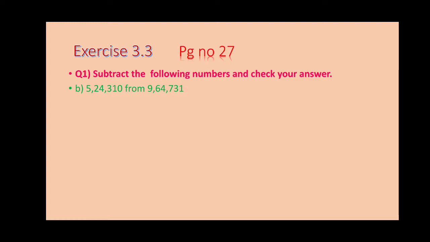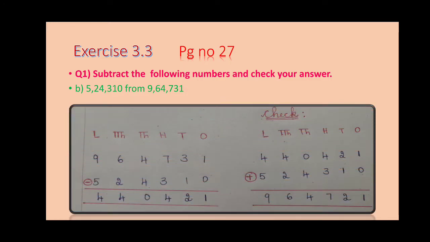Let us see first B bit. B bit is subtract 5,24,310 from 9,64,731. Okay, children, you have a confusion with from. Because 5,24,310 is given first, blindly when you are arranging in the column you will write 5,24,310 first. But that is absolutely wrong.